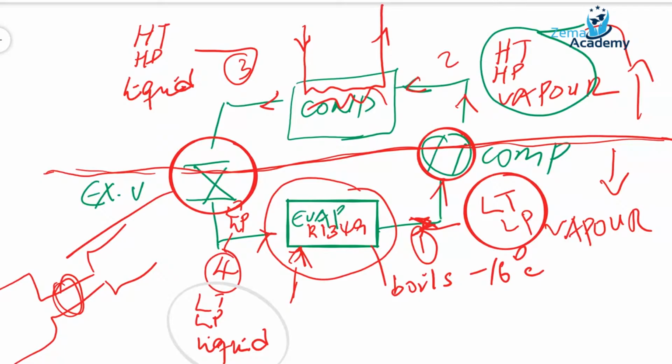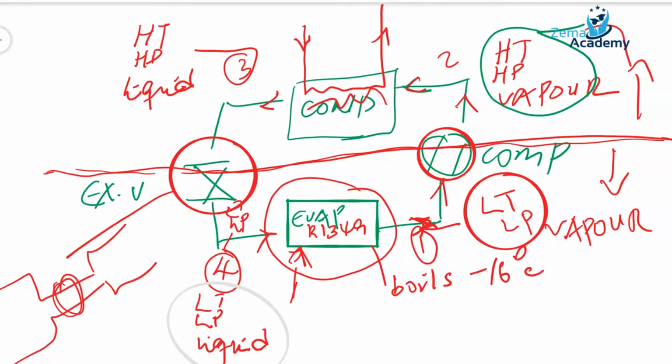And at this point, of course, I want to reiterate the importance of pressure and temperature and the relationship between them. If you increase the pressure, you increase the temperature. If you reduce the pressure, you also reduce the temperature. So pressure is important in refrigeration systems.